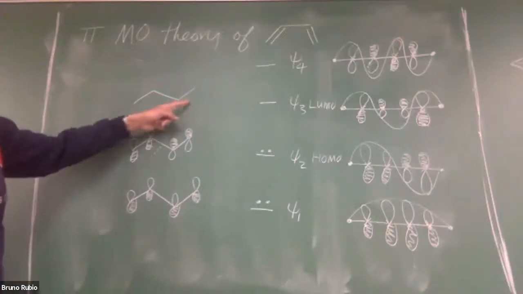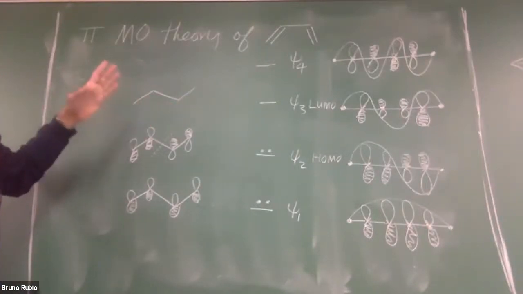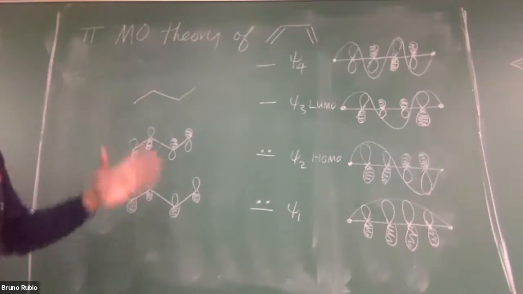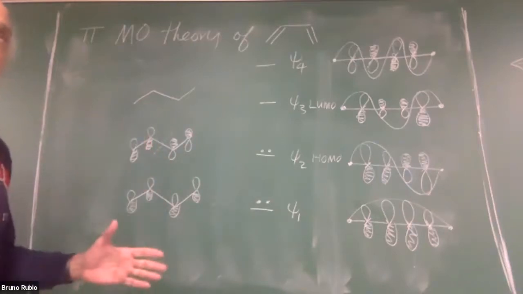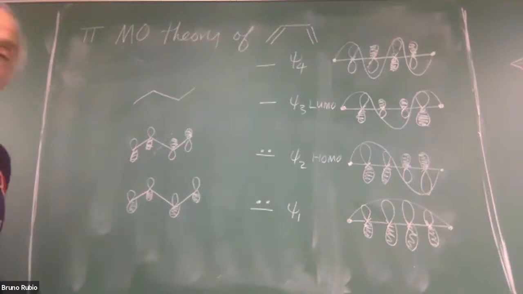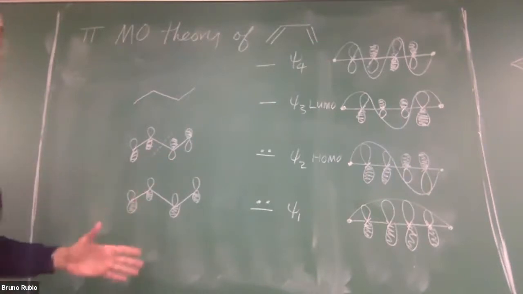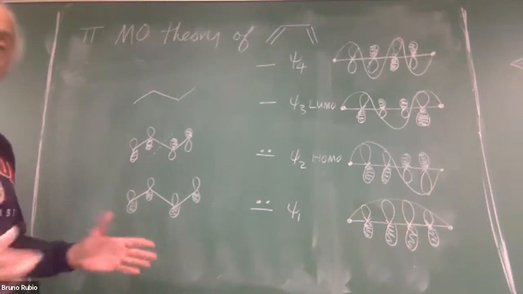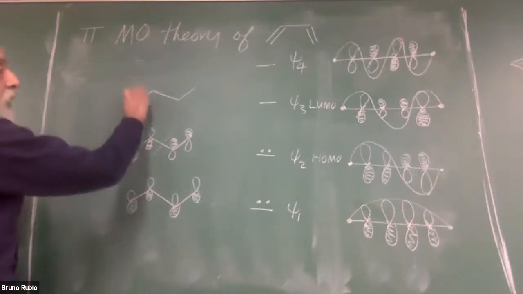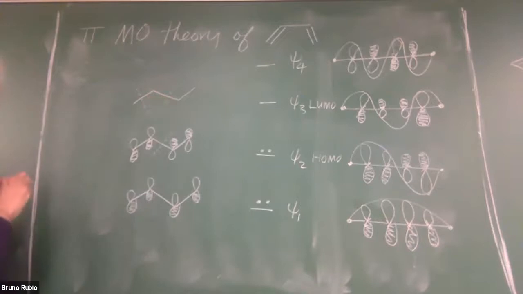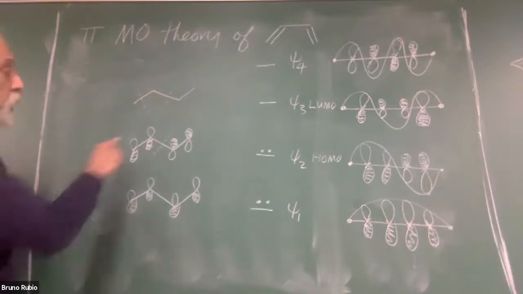There's my butadiene skeleton. Now I need to draw in 2 dotted lines representing 2 internuclear nodes. Where am I going to put them? I'm going to try to put them in a symmetrically disposed way. I'm not going to do that and that. That is not symmetrical disposition, right?